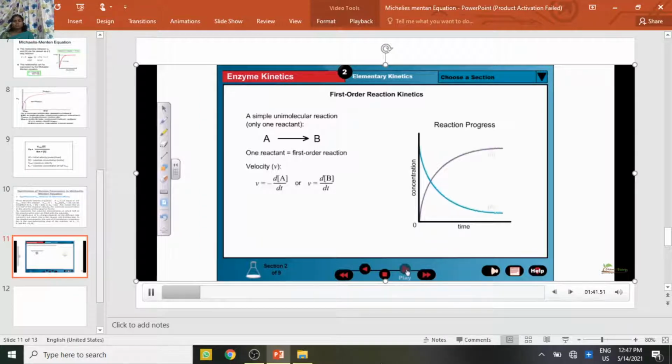The reaction rate is represented by the slopes of these lines and is not constant. For this first-order reaction, the rate is directly proportional to the concentration of reactant. Here K is the first-order rate constant for the reaction.